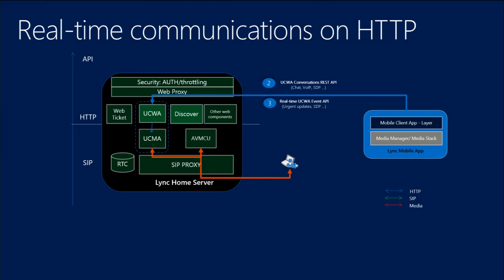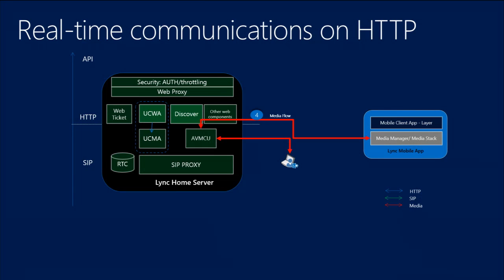Imagine, as we talked about, if the app is backgrounded, what we do is we send events to those clients to let them know that you're receiving a phone call or you're receiving a toast. Wake up, let's bring that application to the foreground itself.